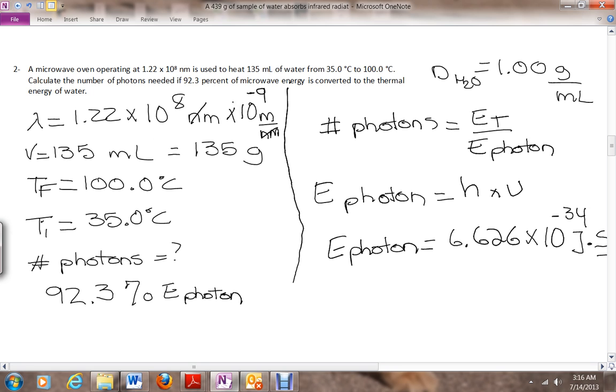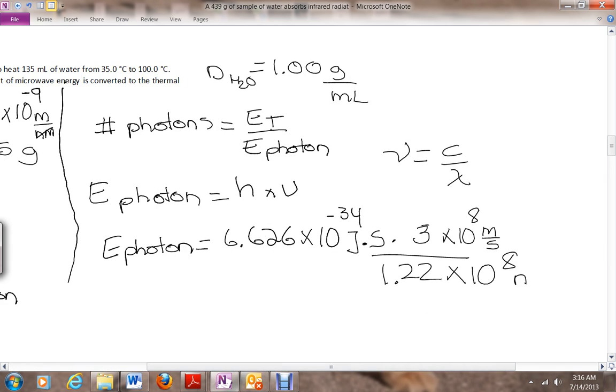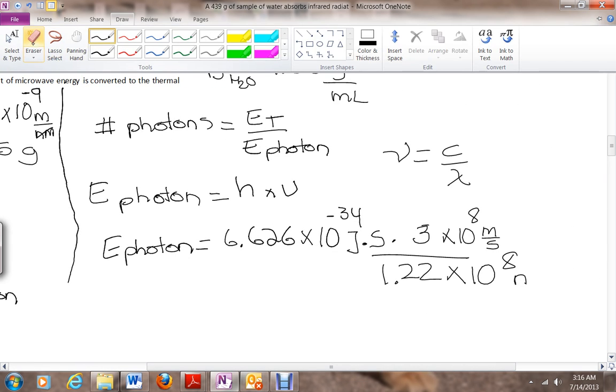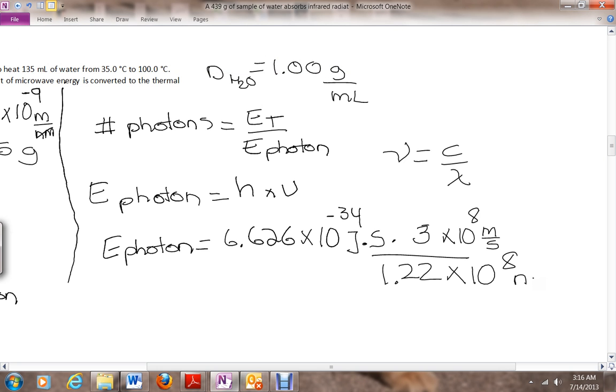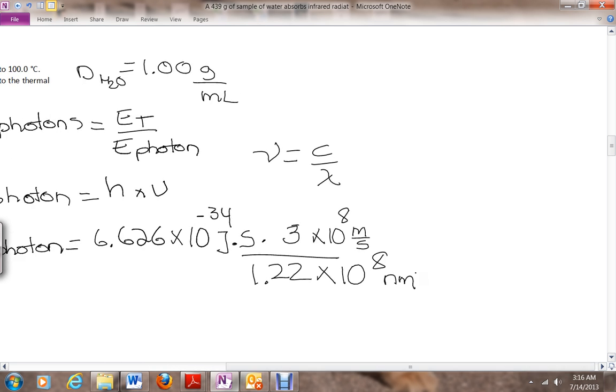So in this case, we should have 1.22 by 10 to the minus 1 meter. Sorry for that. Let's do it here. This would be nanometer, multiplied by 10 to the minus 9 meters over nanometer.